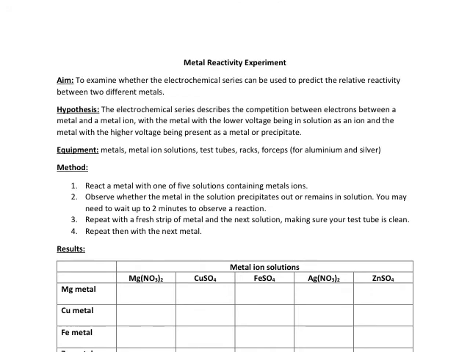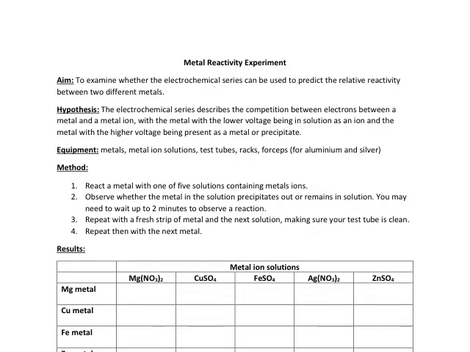Now we go to the experiment, and in the experiment, fairly straightforward, we're going to put a series of metals in a series of different solutions.